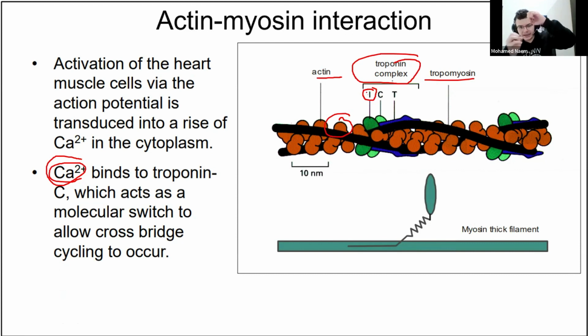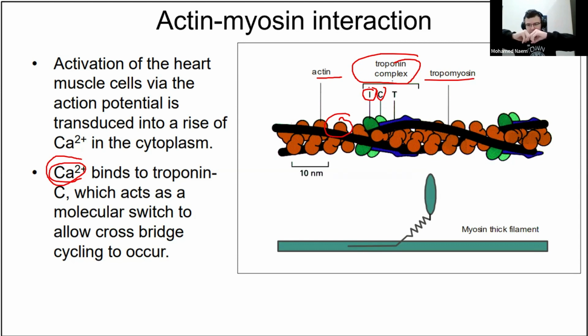So in the normal time when we don't want the muscle to contract, we have troponin I binding to that binding site. So the myosin does not bind to the actin and no contraction happens. Well, when calcium binds to troponin C, the whole complex structurally is going to change. Basically, troponin I is going to move away from that binding site when calcium binds to troponin C.